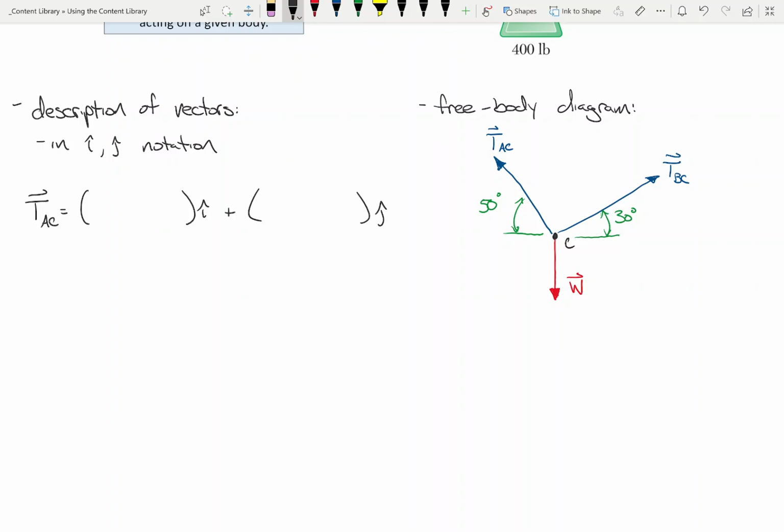Okay. So let's see if we can work through this. First off, this angle is 50 degrees. So that means I need a cosine in here and I need a sine in here, right?